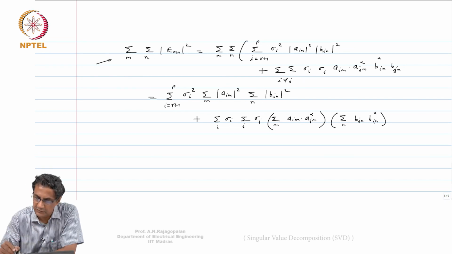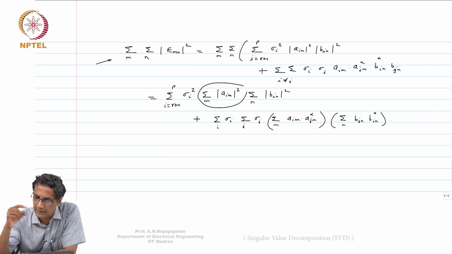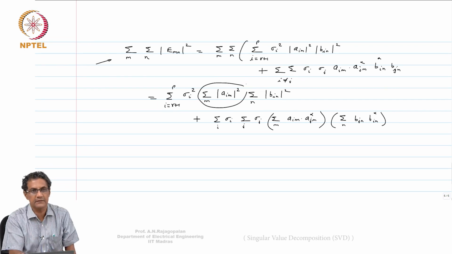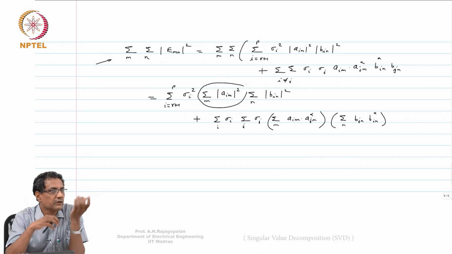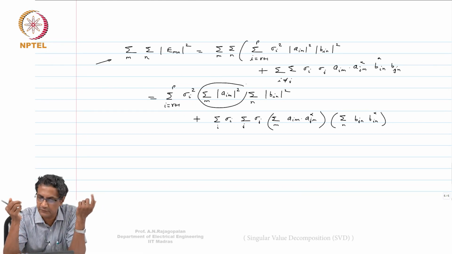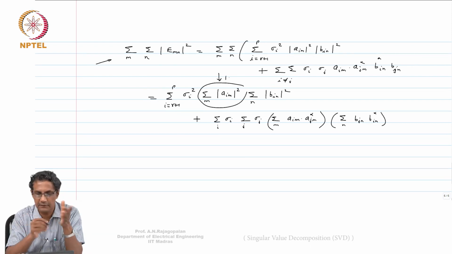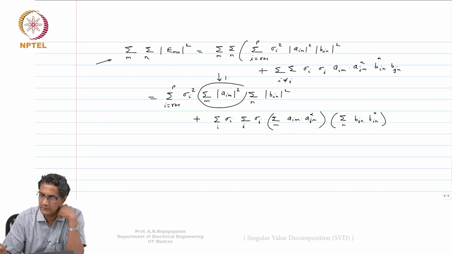Now this we know is simply the norm of the ith column of A, and because A Hermitian A is identity, this is 1, correct, because A and B again form an orthonormal set of vectors. This is also 1.